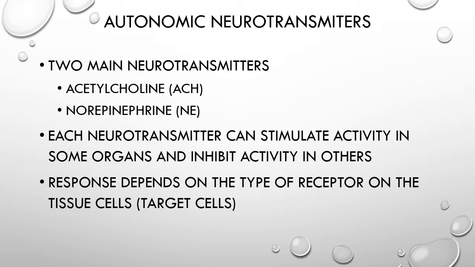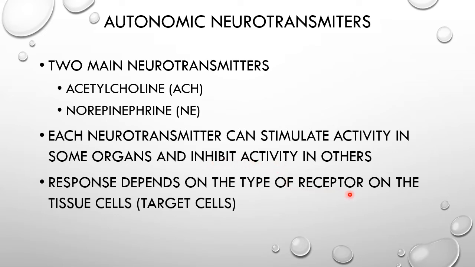And so these transmitters are then released onto the next cell. And as they do so, there's essentially two potential outcomes. We can either increase activity as it goes to the next cell, or we can decrease that activity. We're going to either stimulate that activity, or we're going to inhibit activity as it comes to that next cell.